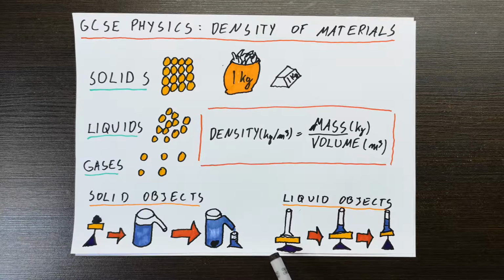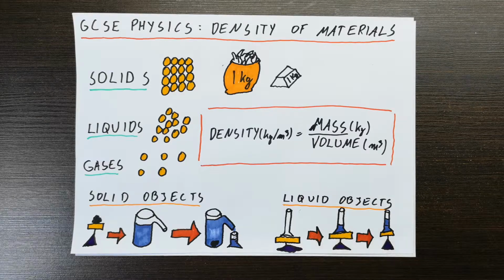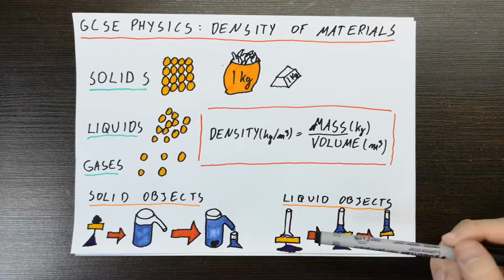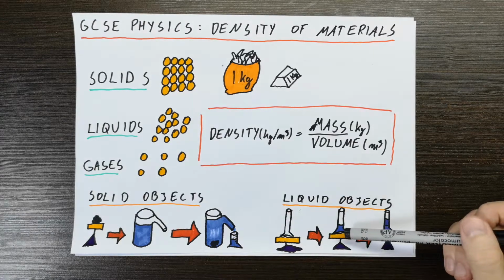So first things first, we would put an empty measuring cylinder on a weighing scale to zero the weighing scale. So any other mass that we get will be purely from the cooking oil as opposed to the measuring cylinder itself. Then we can put some cooking oil in.